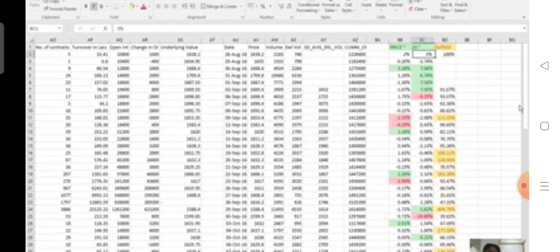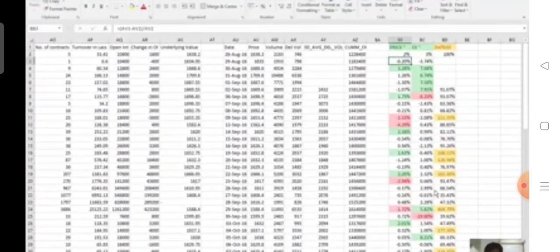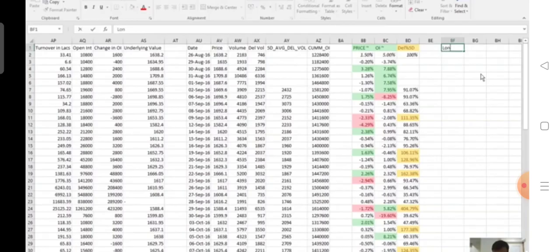So whenever today's delivery is more than 100% of the average, it will get highlighted here. This highlight actually makes it very, very clear to your eye. Let us keep it 1.5%, I have to show up to 2 decimals. Okay, now let us put long here, short here, and conclusion.